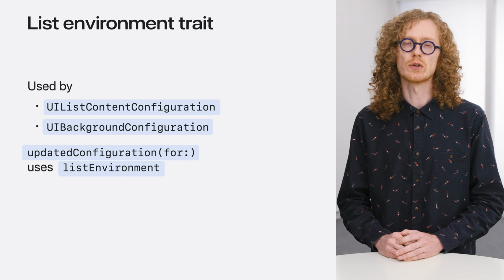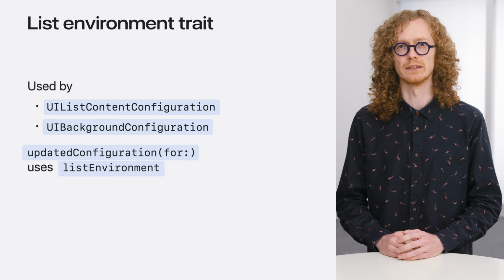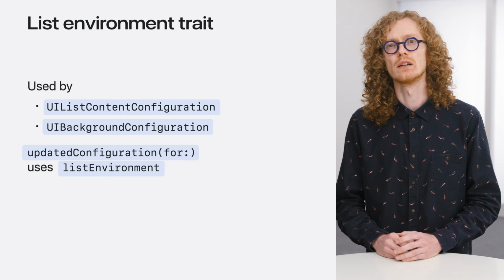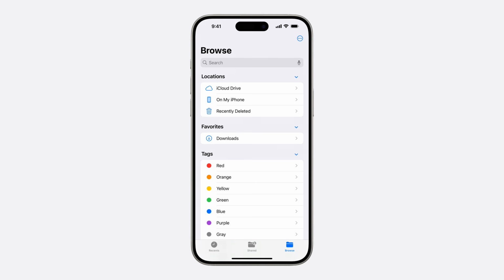Instead, the cell configuration code only needs to know the style required by the content being represented: a regular cell, a header, or a footer. For example, consider the Browse tab in the Files app. It uses a UICollectionView with compositional layout to display a list of locations, favorites, and tags in two different styles, depending on the context.